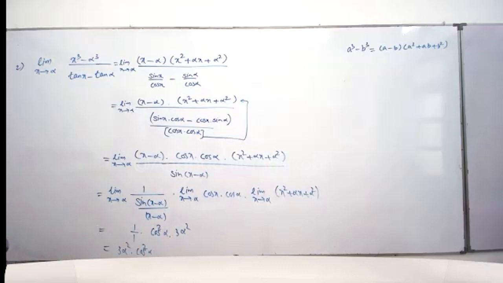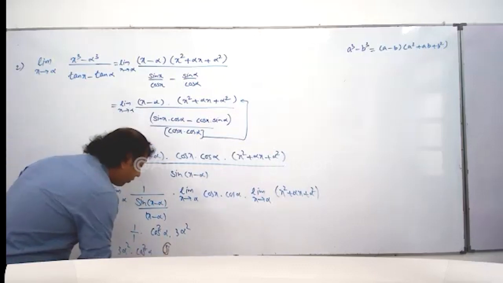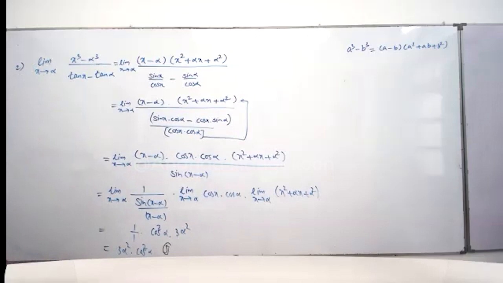Right. Now, the marks come in like this. For the final answer, 5 marks. This factorization, 5 marks.